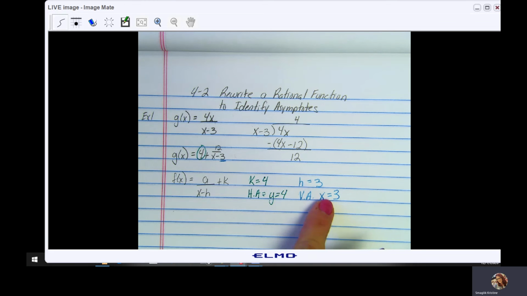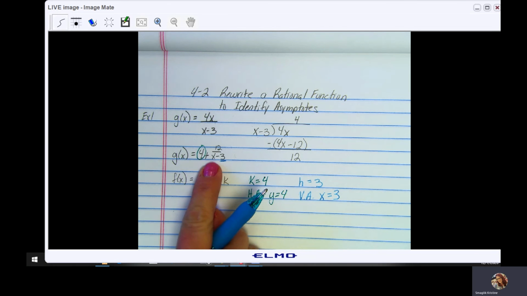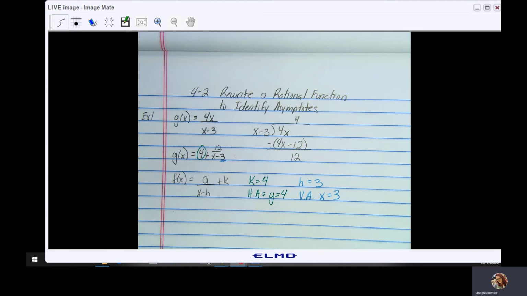Also keep in mind, we did this using transformations, but if you set your denominator equal to 0 and solve, you'll see that if x equals 3, your denominator will equal 0. We can't have 0 in the denominator because that makes the function undefined. That produces your vertical asymptote.